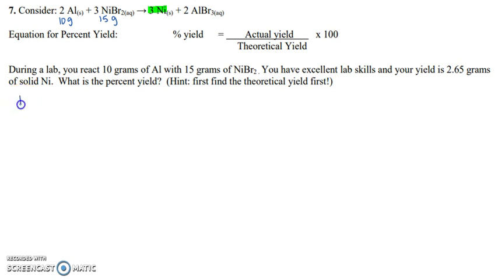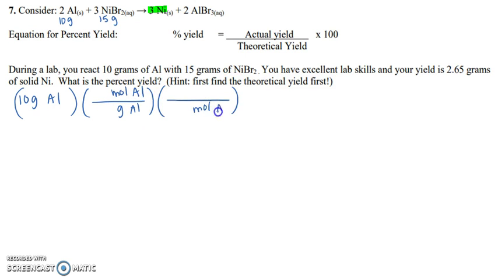So let's start with 10 grams of aluminum. If I set up another bracket, I'm ultimately trying to go from grams of aluminum into grams of nickel because my answer, or my yield that I was given for what I did in the lab, my actual yield is 2.65 grams. So if my units cancel out grams of aluminum, I can turn grams of something into moles of something.